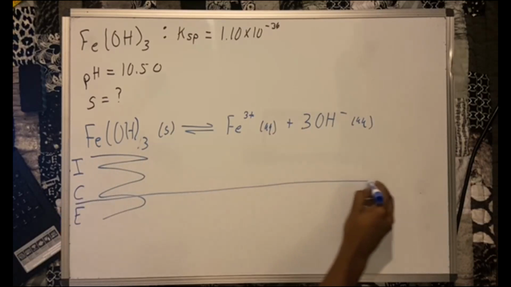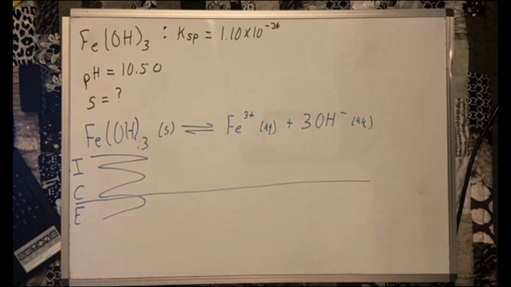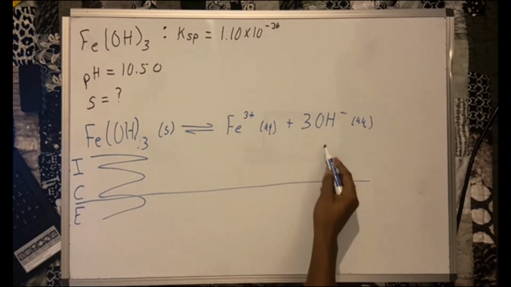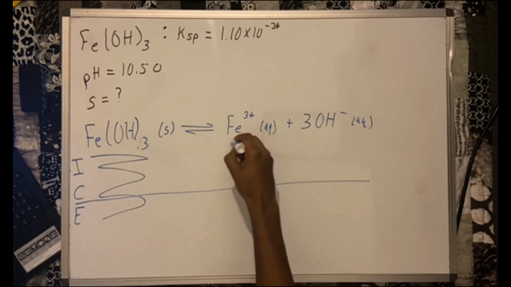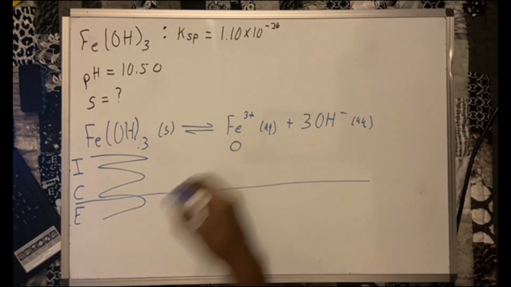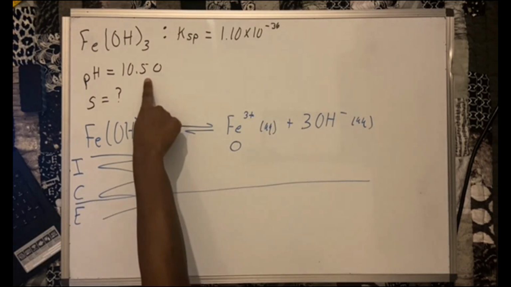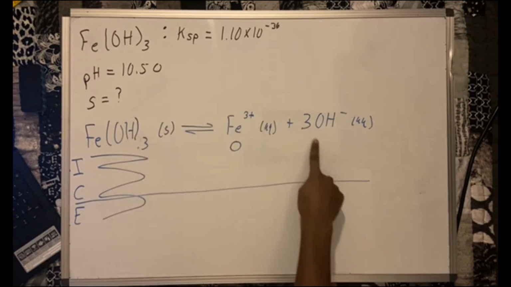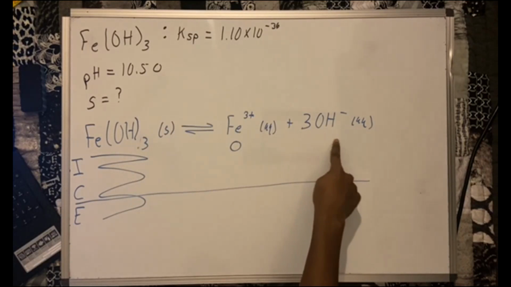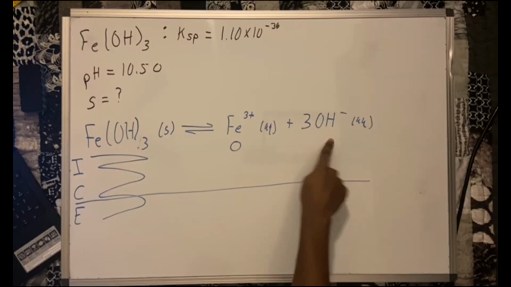All right, so here's where the fun begins. Normally we would put zeros right there because there's nothing in there. Well, we can put that for iron, since there's no iron in our solution that we can tell. But since we have this pH, we know that there's some hydroxide sitting in here.